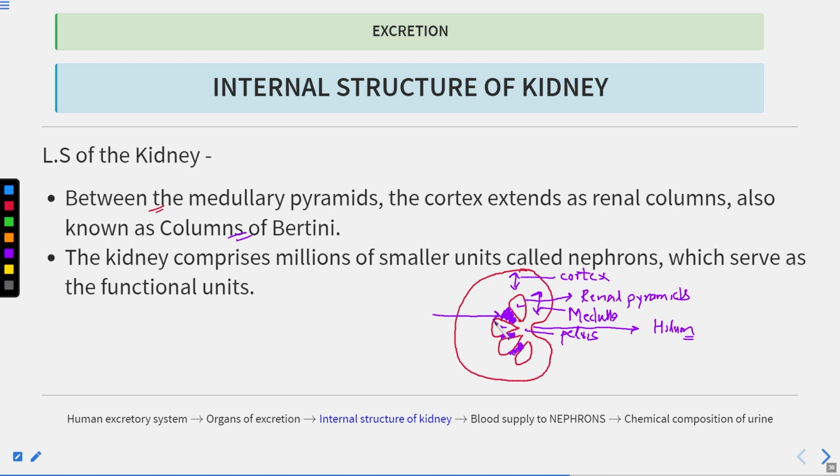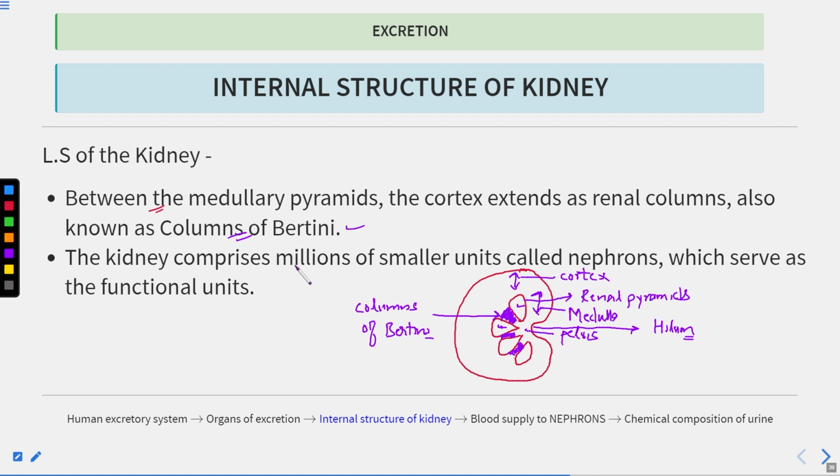So this region where the cortex extends is known as the columns of Bertini. They are nothing but the extension of the cortex into the medullary region, between the renal pyramids.